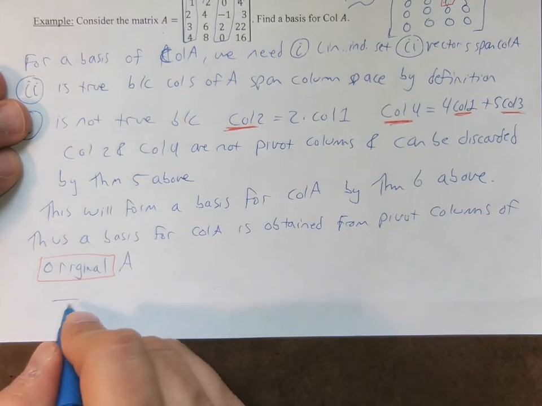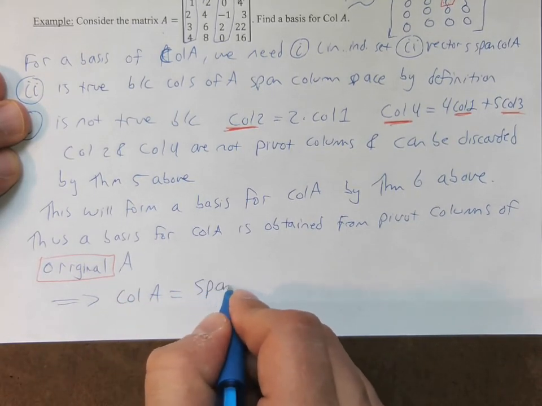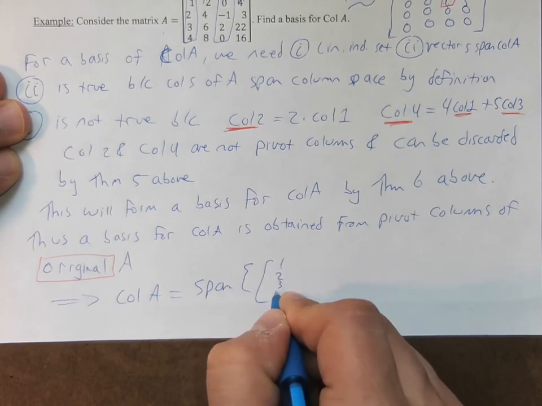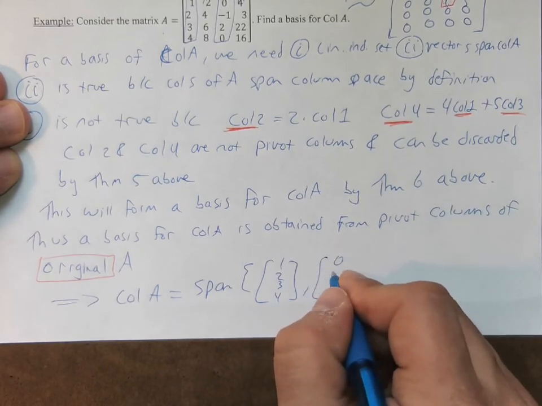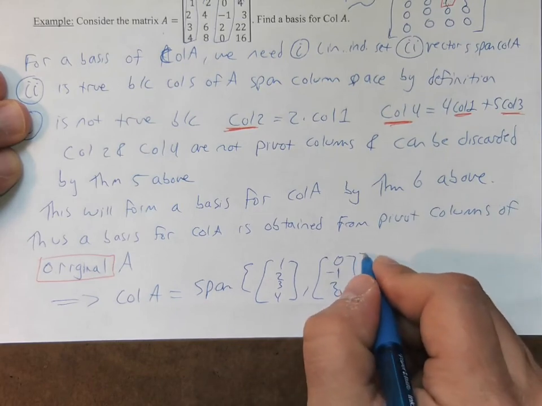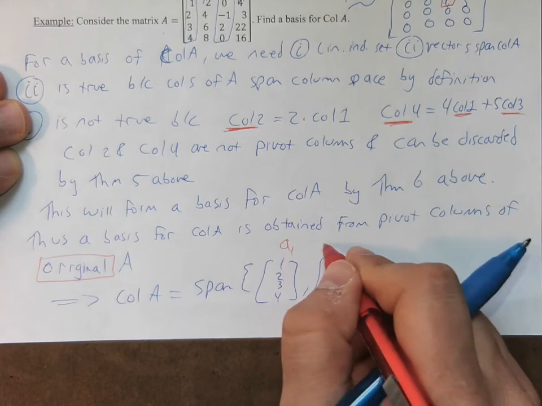In other words, the column space of A in this particular case is going to be the span of the pivot columns. 1, 2, 3, 4 was the first column, and then the third column is 0, minus 1, 2, 0. This is A1, A3.